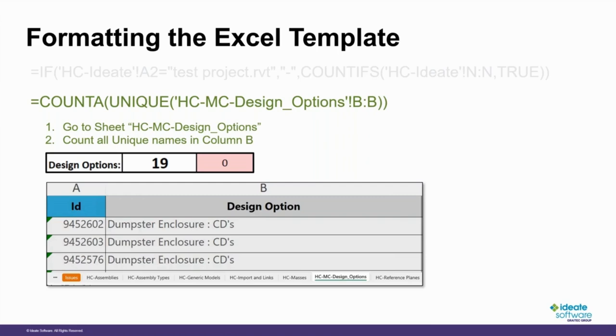So in this example, I basically copied that previous cell formula and I formatted this so that the formula would go to my design option sheets, go to column B, and then summarize all of the unique names in that column. So after doing all of that, we get a final number of 19 design options. So this is just a simple way to pull together these numbers here.